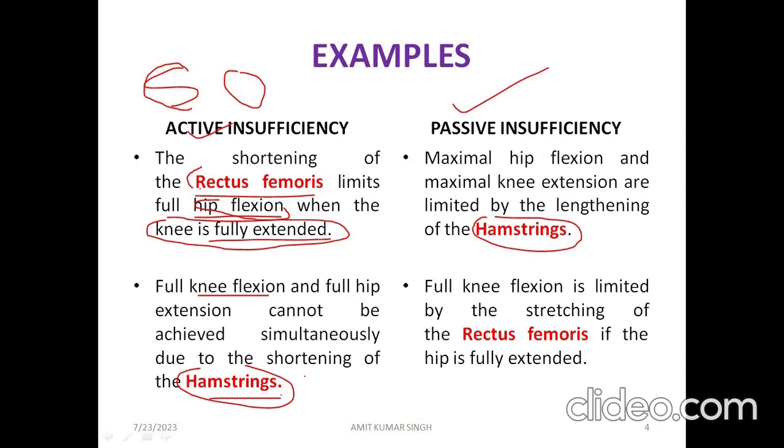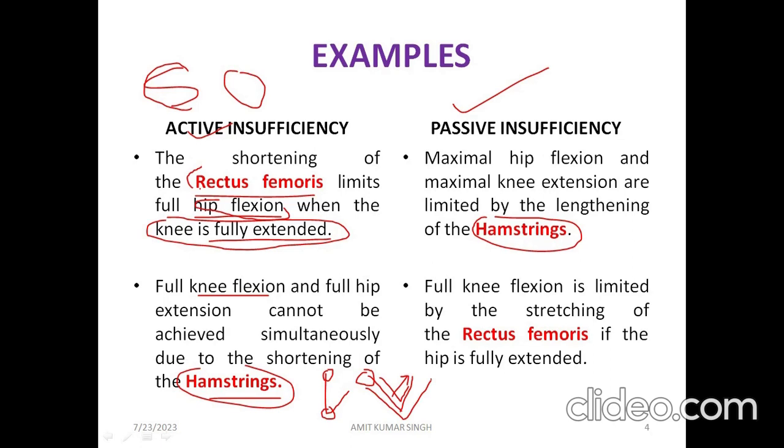So if you see the movement, if this person is standing, this is the hip joint, this is the knee joint, and the person has already done extension of the hip, they have utilized the muscle and they cannot perform the knee flexion. So the movement is in this direction. On this back side, we have the hamstring muscle. So hamstring is going into active insufficiency, and for the front muscle, this is the way to stretch the quadriceps also.